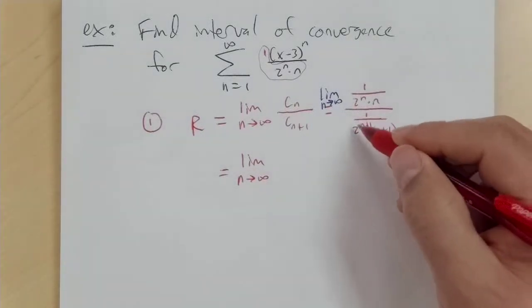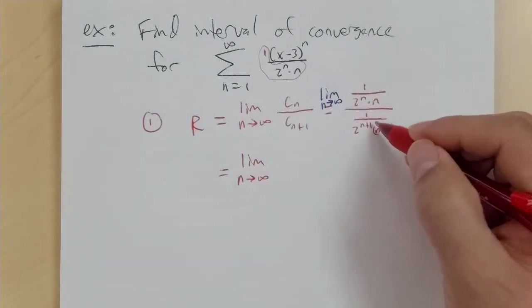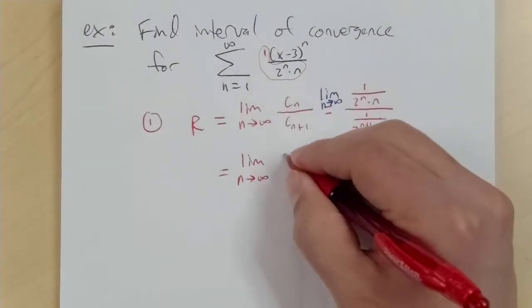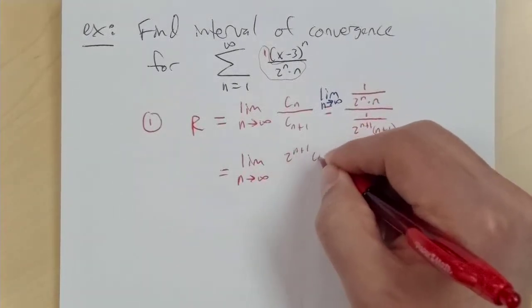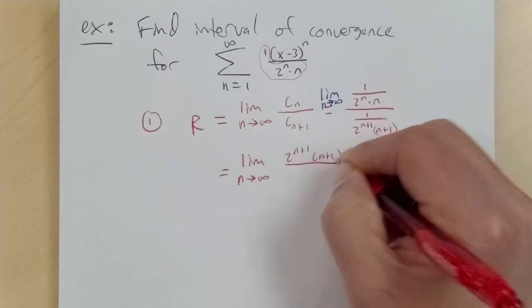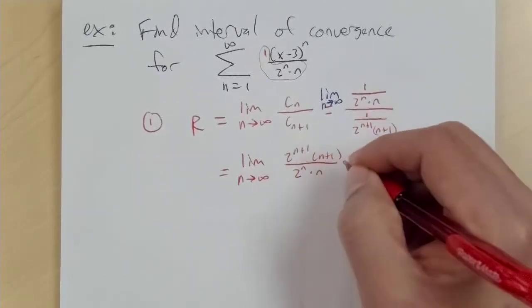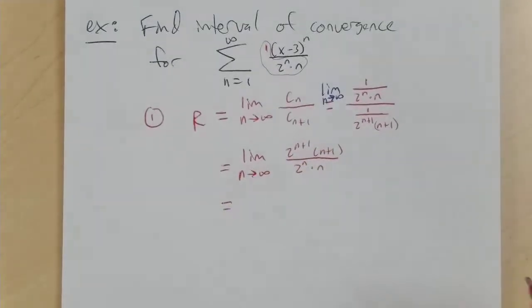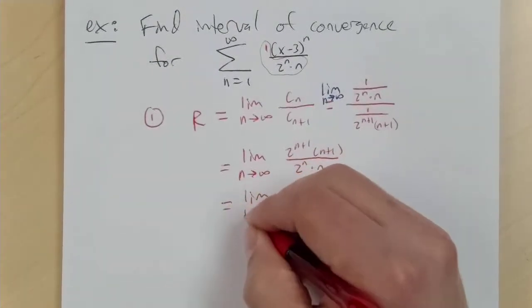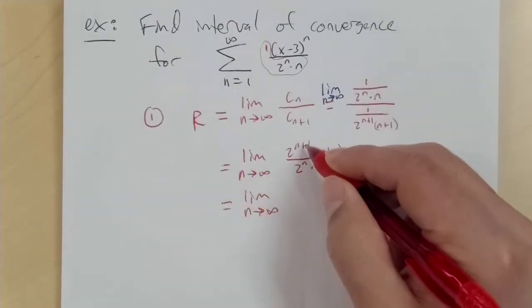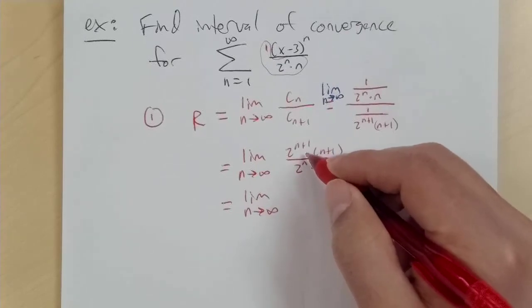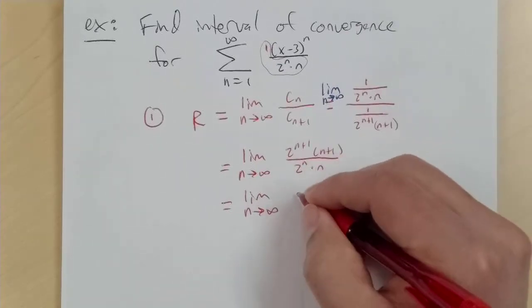So I can certainly rewrite this complex fraction, put the 2 to the n plus 1 times n plus 1 in the numerator, and then we still have 2 to the n times n. And so we can simplify. 2 to the n plus 1 over 2 to the n, you subtract the exponents, the n's cancel out, you're just going to get 2.